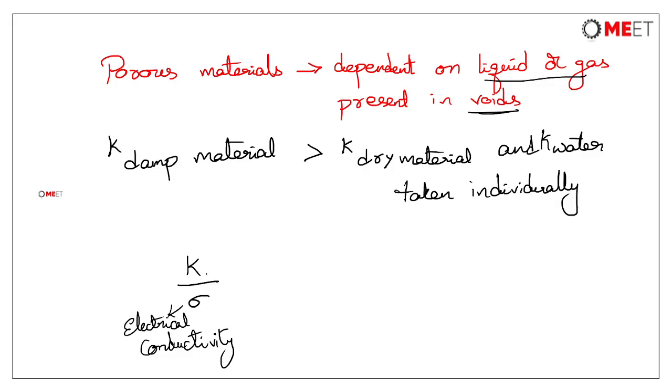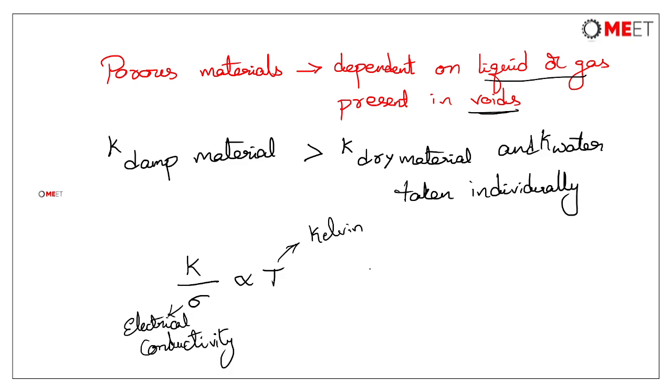This ratio is the same for all metals at the same temperature. So you can write K by sigma is directly proportional to the absolute temperature of the material. Here the temperature should be considered in kelvins. Absolute temperature, when we talk, it should be in terms of kelvins.